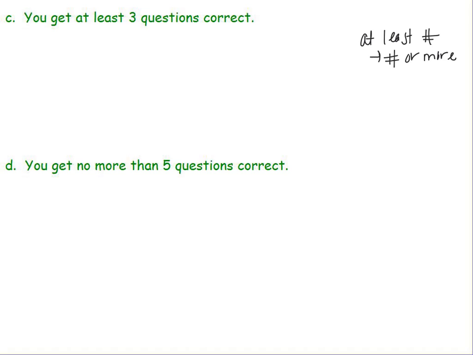And so that's what I'm going to do, I'm going to use the complement. So I'm going to focus on 0 correct, I'm going to focus on 1 correct, and I'm going to focus on 2 correct.